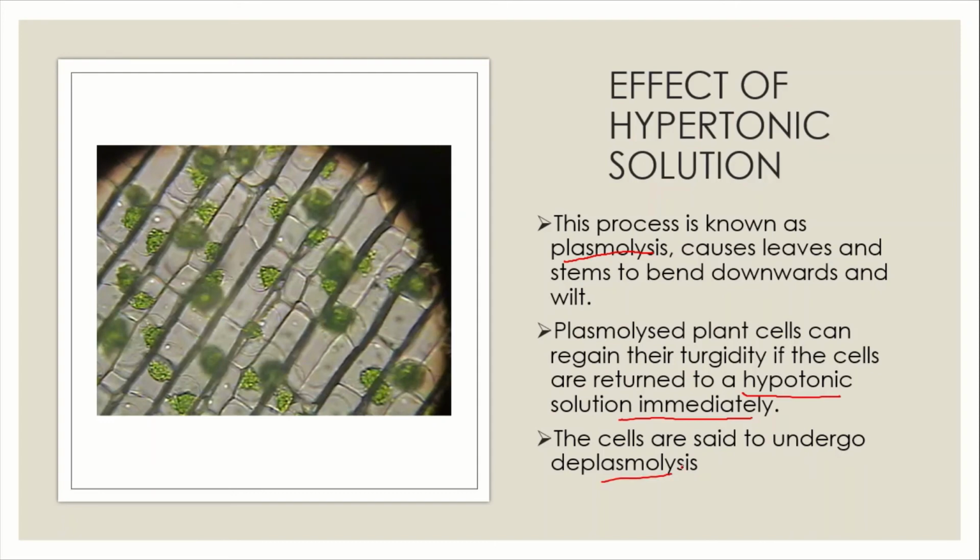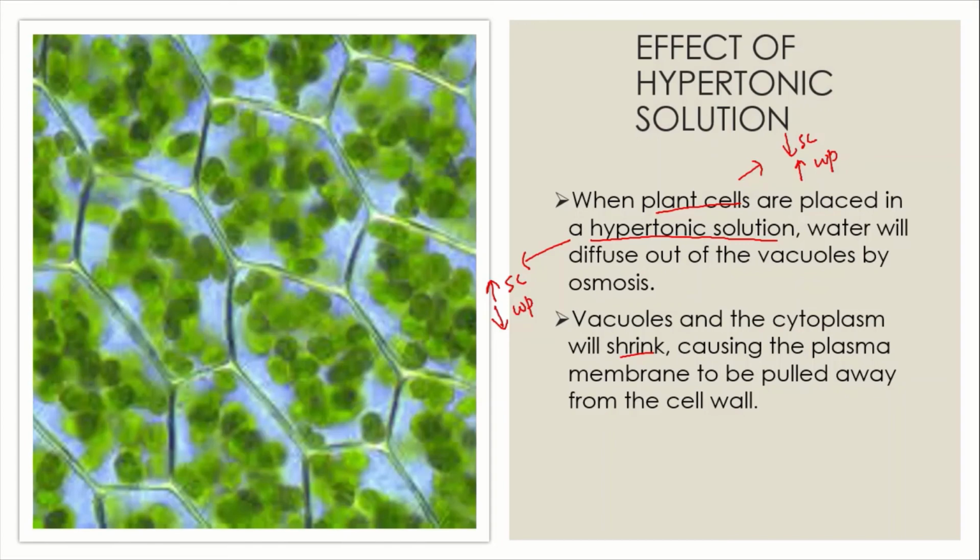Bila kita masukkan plant cell ke dalam hypertonic solution, water will diffuse out of the vacuole by osmosis. Kan? Water akan keluar daripada vacuole by osmosis, menyebabkan plant cell tu jadi kecut.